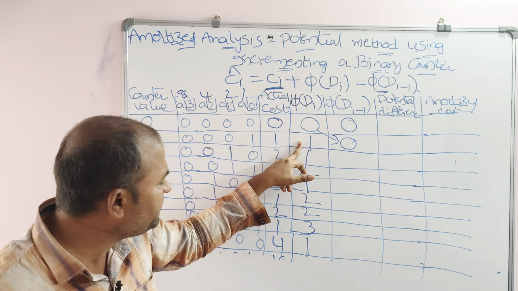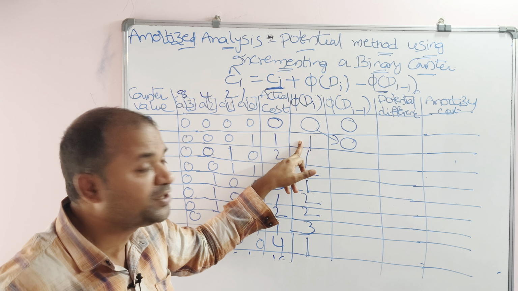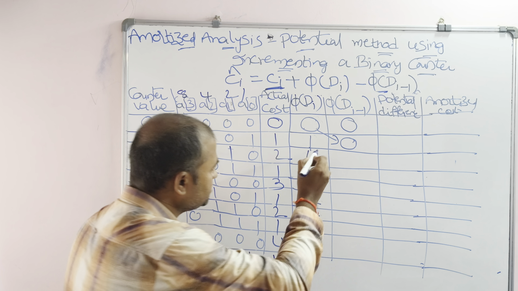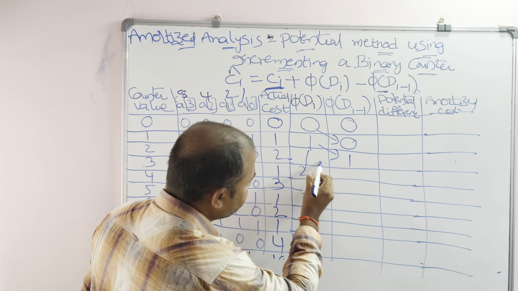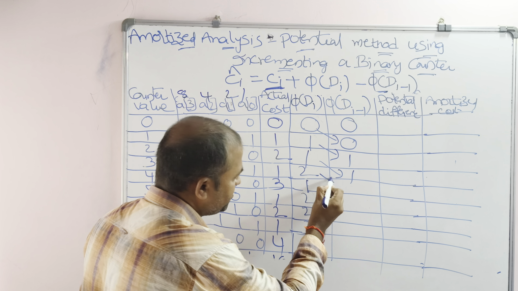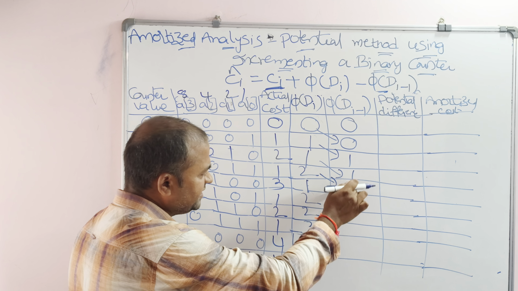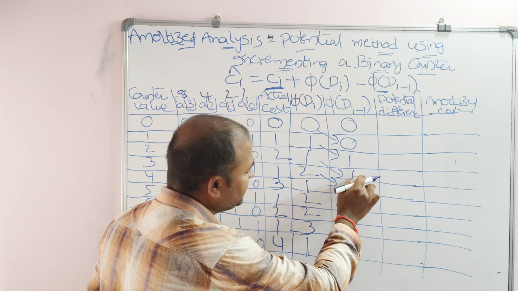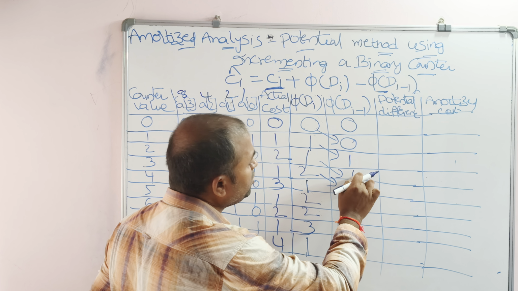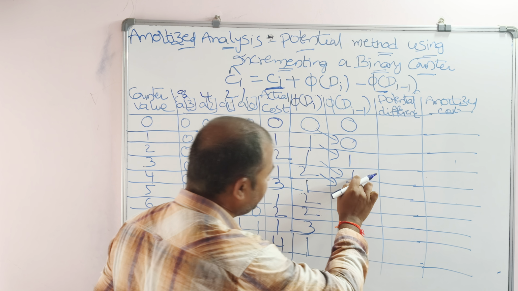So this 1 specifies after counting number of ones. So let us copy this one here. Next, let us copy this one here. Let us copy these 2 here. So this one specifies before counting number of ones, the result is 1.